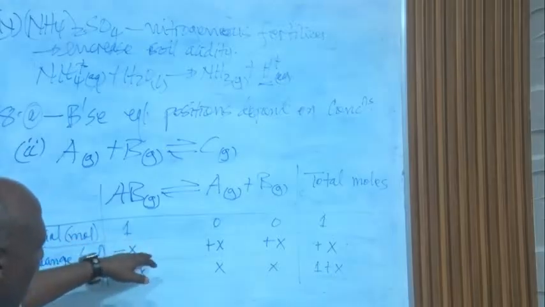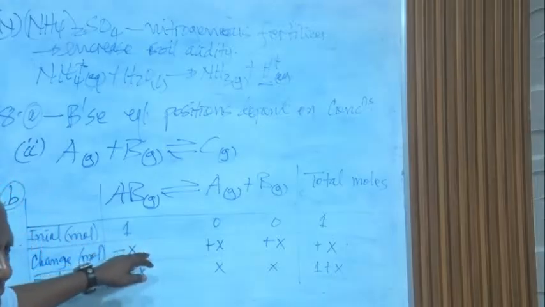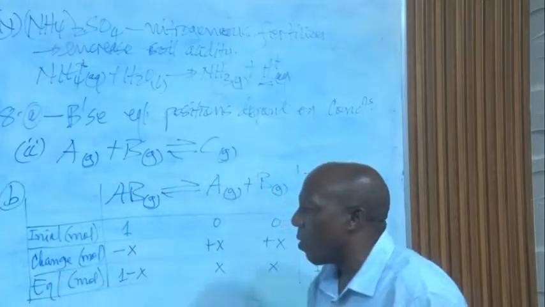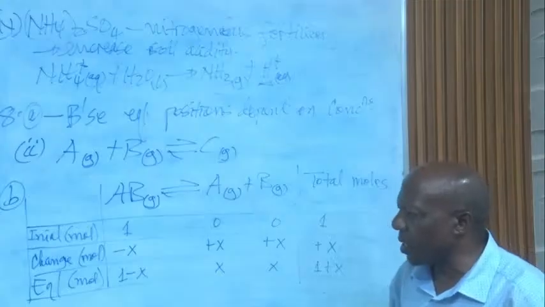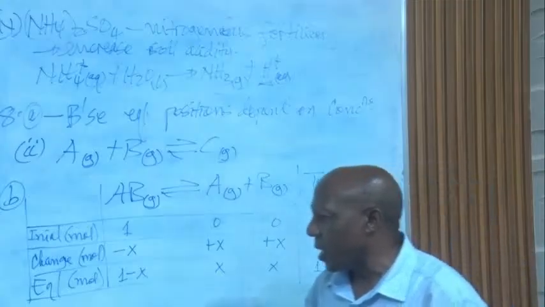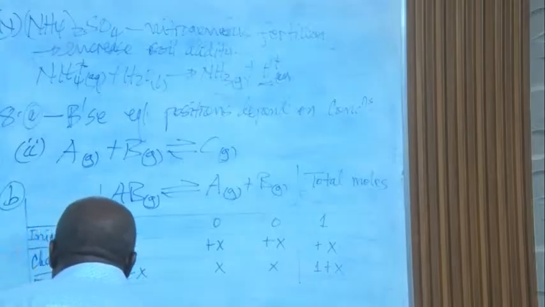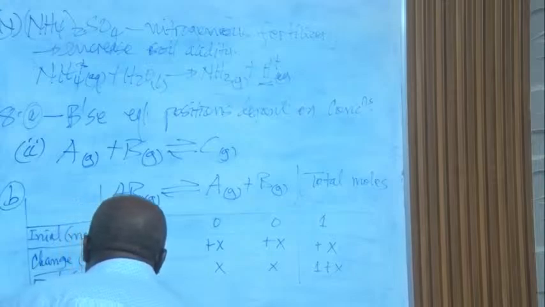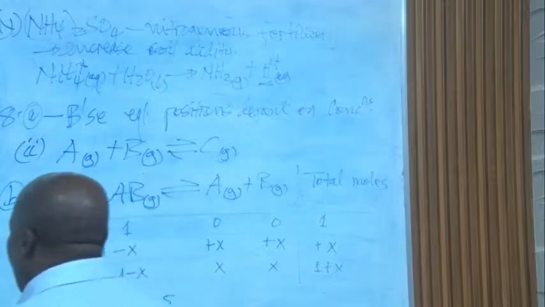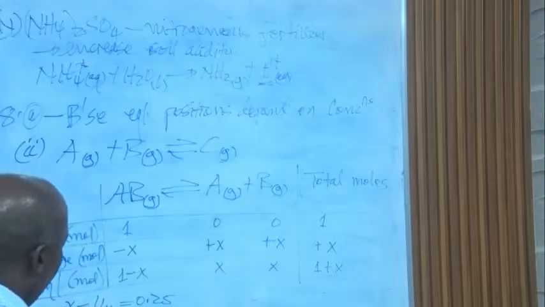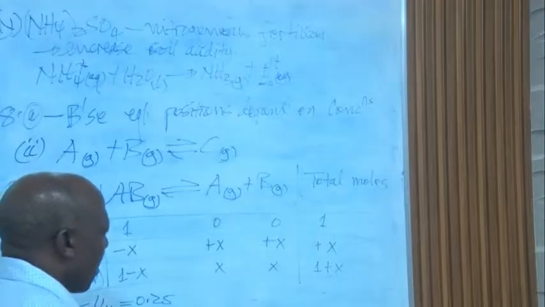This change is the amount mentioned. So 1/4 of 1 mole is a quarter. So the value of x is equal to a quarter, which is 0.25.